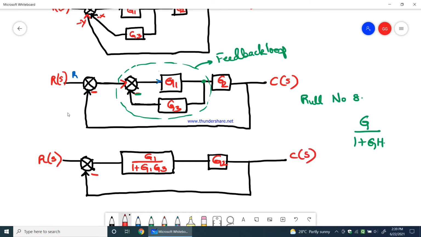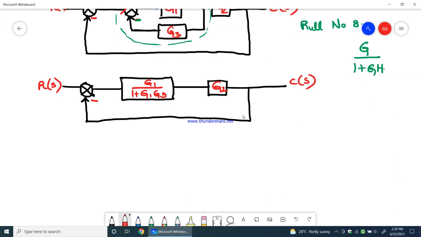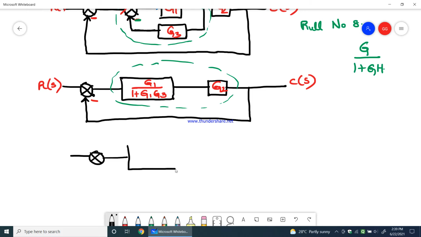Now there are two blocks which are in series, so I can multiply the two blocks, G1 G2 divided by 1 plus G1 into G3. I multiplied G2 with this, so it becomes G1 G2.